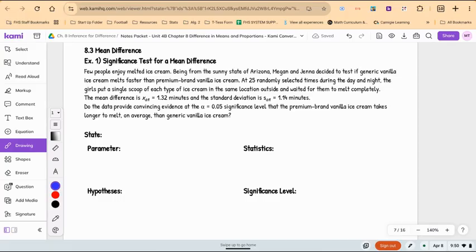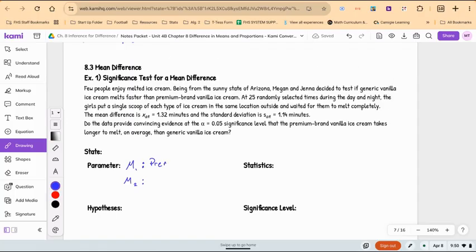So the first thing we do is, again, our parameters. We do need to define what's going to represent mu1 and mu2. Okay, so in this case, again, it doesn't really matter which way you go. I'm going to say the premium ice cream is mu1 and the generic is mu2.